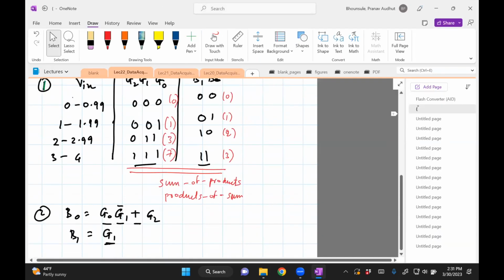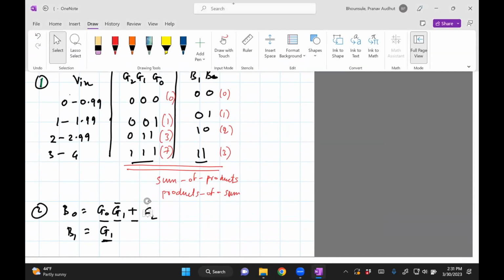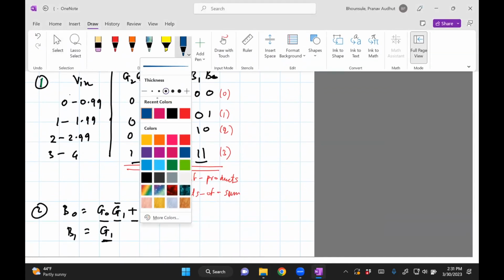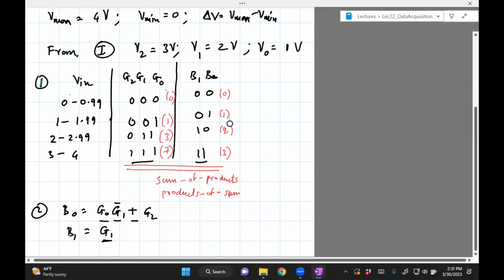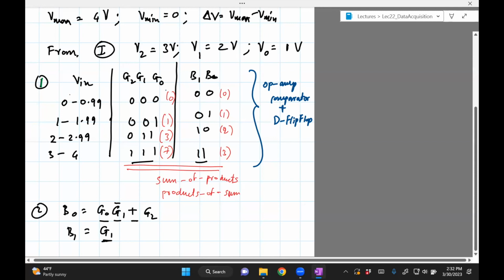Okay, so what we've been able to do, just to summarize it here: we took an op-amp, which is a comparator, and a D flip-flop in order to convert the analog signals to G's. This is step 1.